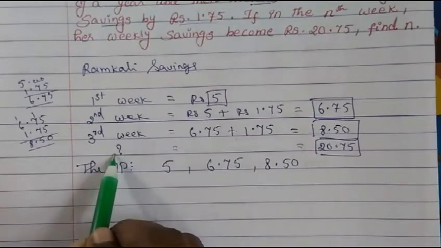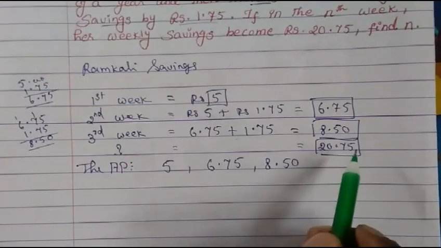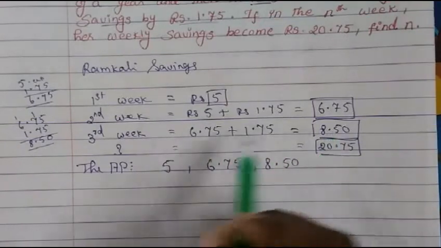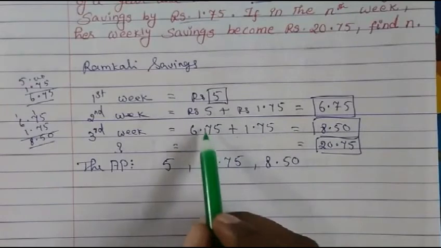So we don't know. We have to find out in which week it will reach 20.75. So this is up to the third week only. Then in the fourth we don't know afterwards. We cannot go on calculating one by one. So that's why we use the formula and find out.